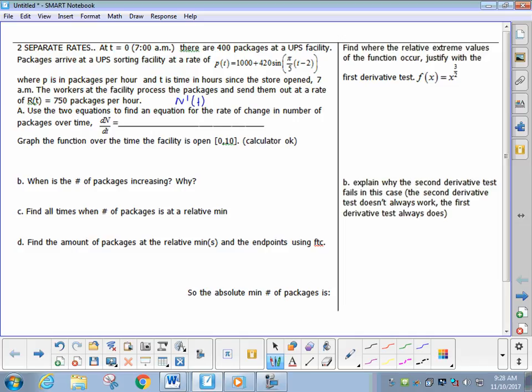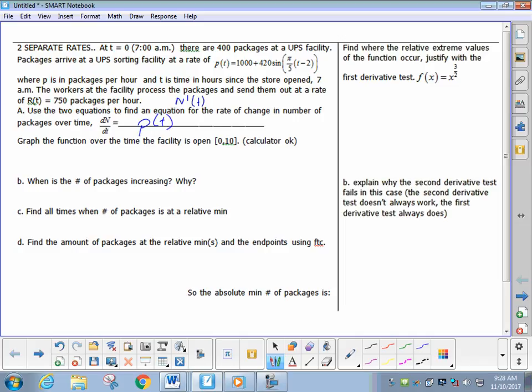How much I don't care about, just rate of change. Read the problem again, please. What represents the rate at which packages come in? P is the rate at which packages come in.